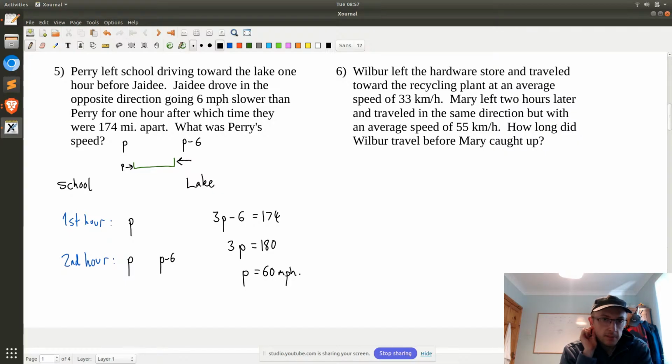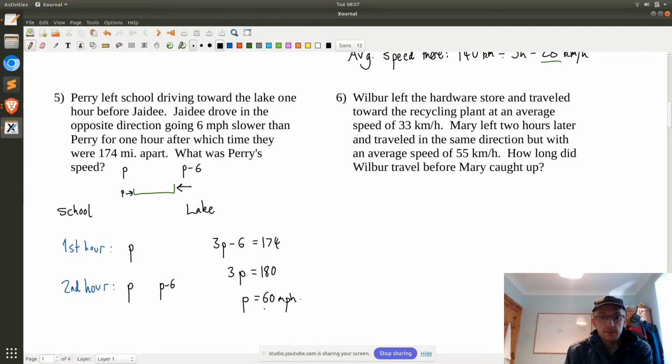After 2 hours, Perry clearly travels 2 lots of P. Okay, I'm quite befuddled as to how to actually articulate how I even got that. Right, we're going to do problem 6. And if I can't articulate it, clearly the fatigue has overwhelmed me.